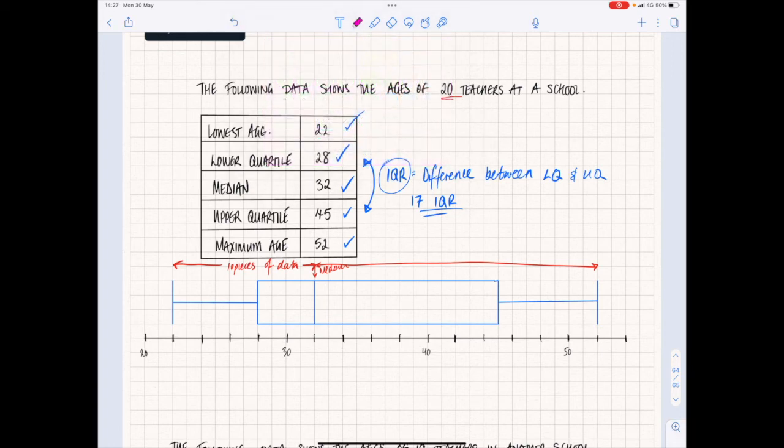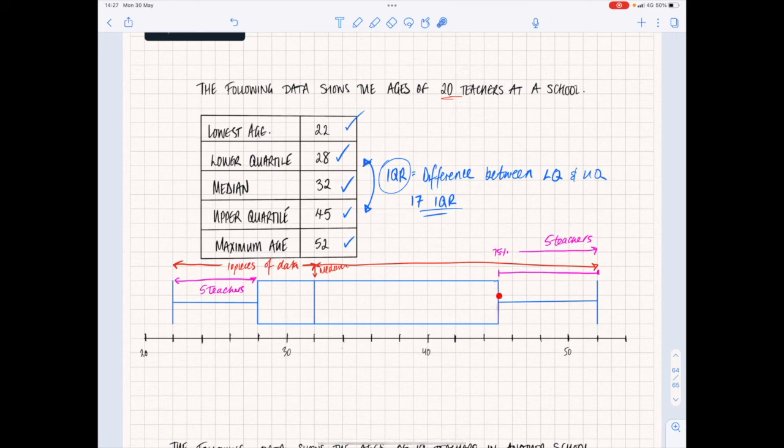Half the data would be below the median, half the data would be above the median. And then you can also start thinking about the fact that this line here is your upper quartile, which is the upper 25%. So that's 75% of the data, meaning that there are 5 teachers here, because that's a quarter of the data. And then you can also say that between this point here and this point here, there are 5 teachers as well. So we can say that 5 teachers are less than 28 years old.